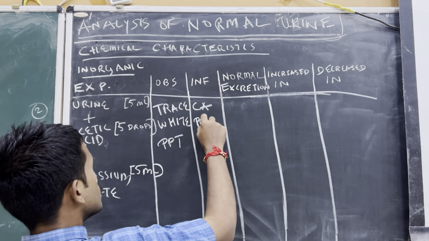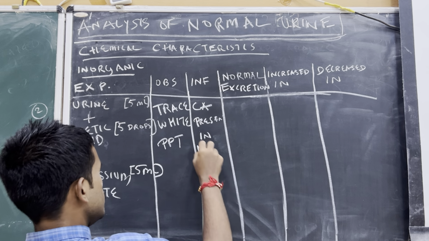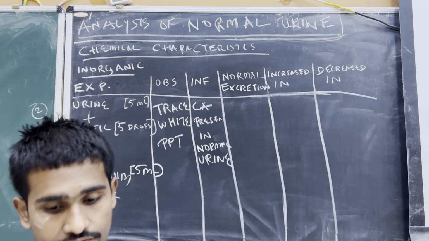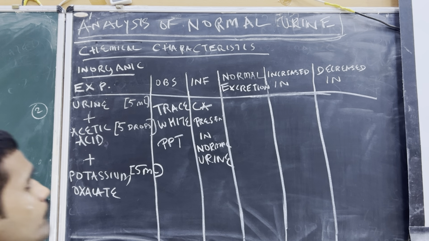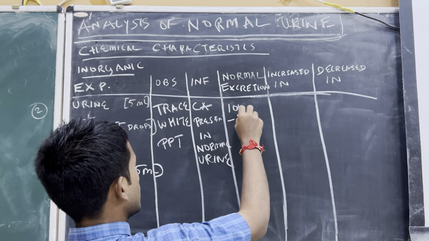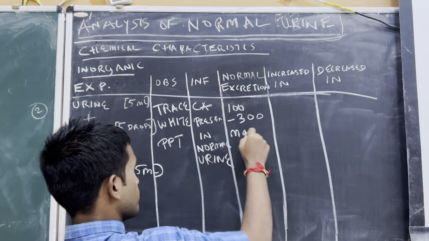calcium present in normal urine. Now, normal excretion. So how much of calcium is excreted in the urine daily? The amount is actually very less. It is 100 to 300 milligrams per day.